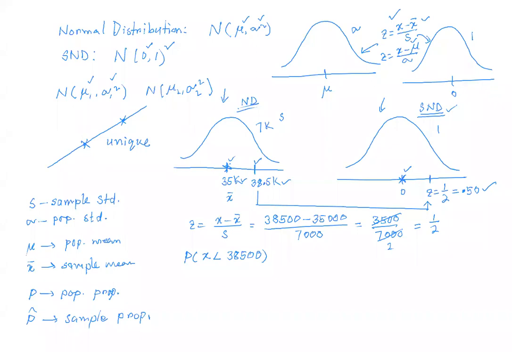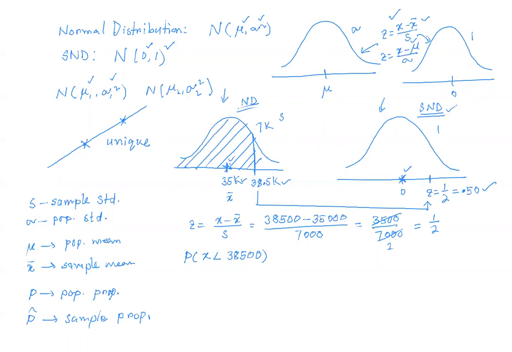So what area are we talking about? Less than 38,500. So this is my point 38,500. So let's draw a vertical line. We are talking about less than, meaning all the area to the left of that point. That's what we are talking about.